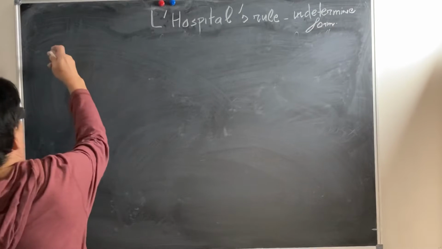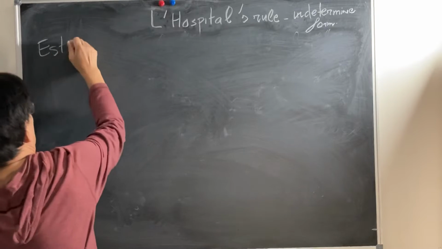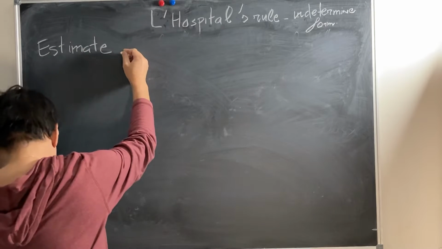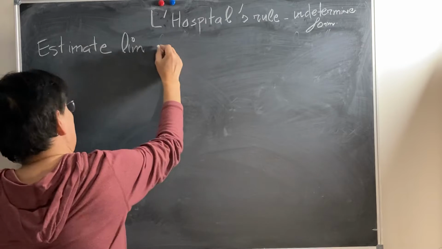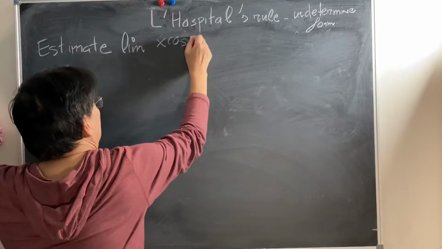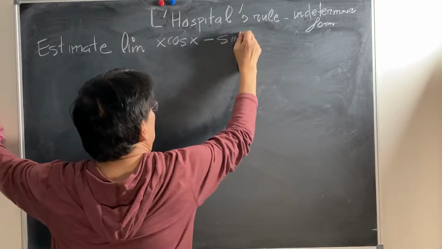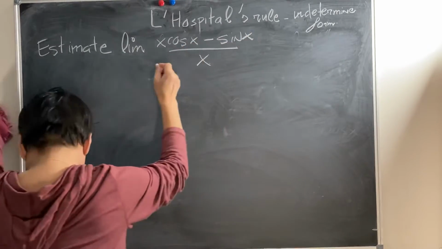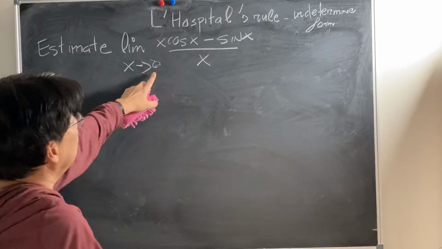Estimate the limit of x cosine x minus sine x over x, as x goes to 0. In this case x goes to 0.